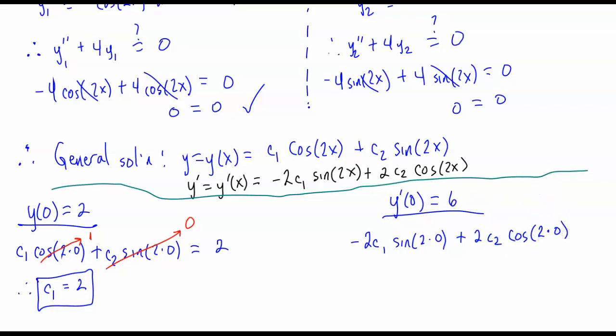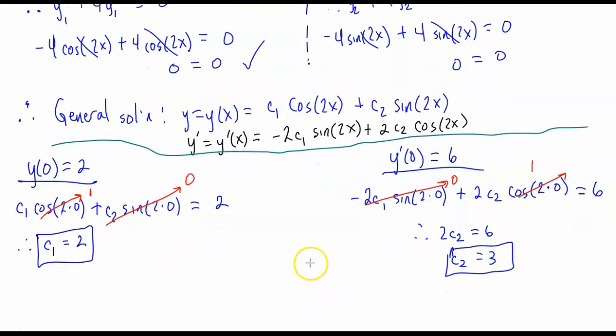And again, we know that sine of 0 is 0, so this whole term goes to 0. This goes to 1. And from the initial condition here, we have to make all this equal 6. So that means here that 2c2 is equal to 6, which means that if we divide both sides by 2, c2 is equal to 3.